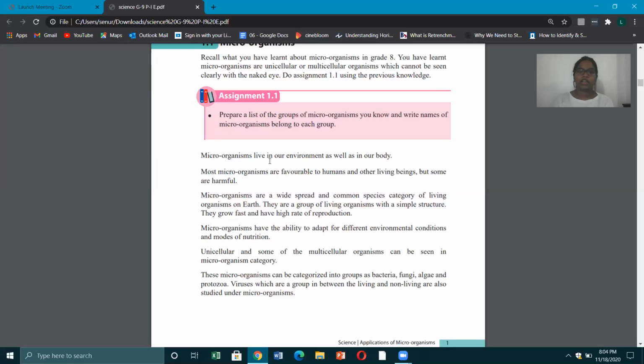The way they get their nutrition also differs from microorganism to microorganism. Unicellular and some multicellular organisms can be seen in the microorganism category. A lot of students, and I myself, a lot of people I guess, when we hear the term microorganisms, get confused whether microorganisms are only the ones who are unicellular organisms.